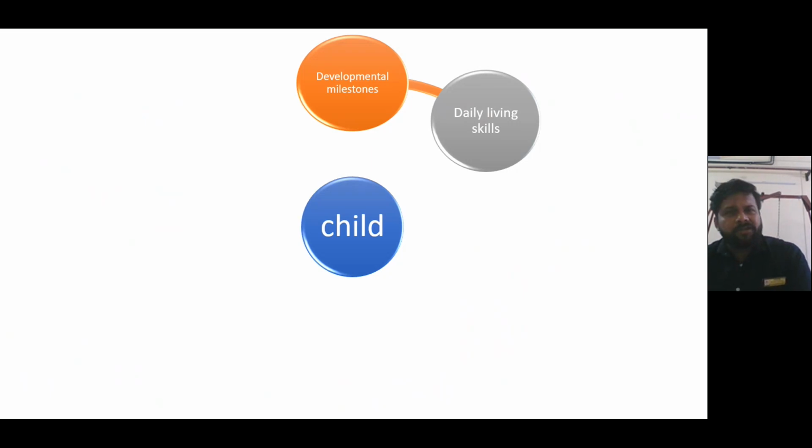Daily living skills are also partly executed in school, like having snacks or a meal during the day at school, going to the washrooms, undressing themselves, and toileting at the school premises. So this is also a daily living skill that should be done at school, and many children face challenges in it.